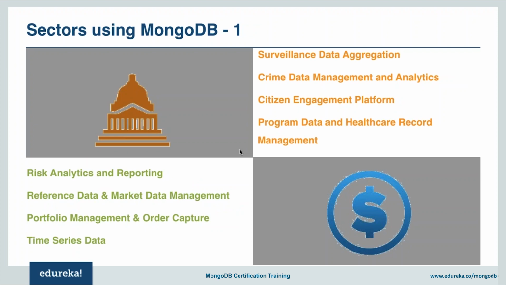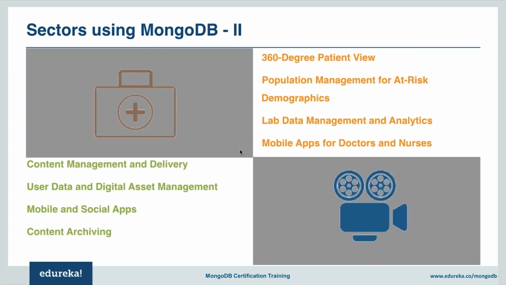If we talk about the services side: surveillance data aggregations, crime data management and analytics, citizen engagement platforms, program data, and healthcare record management, or risk analytics and reporting, time series data, portfolio management and order capture, reference data, and market data management. These are some popular sectors for Mongo implementations.